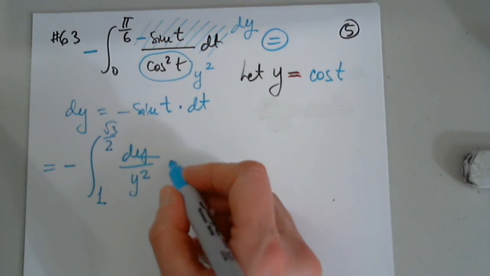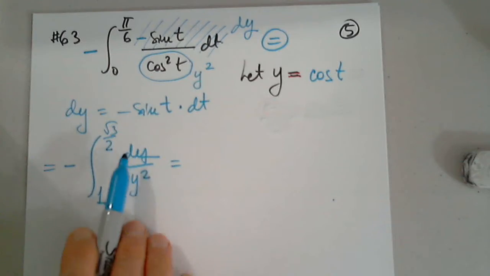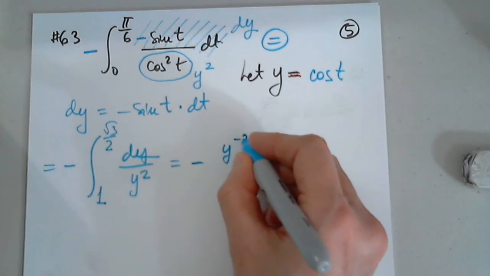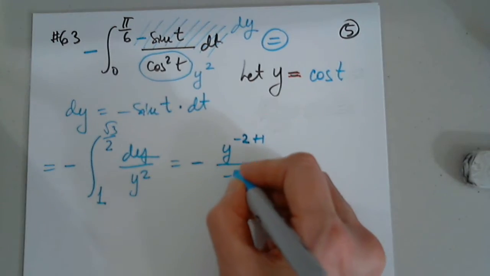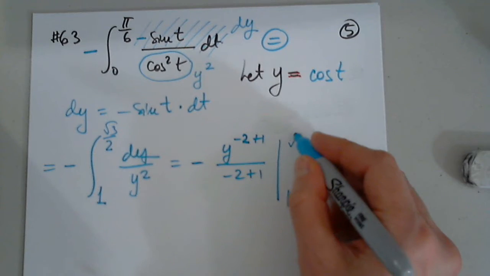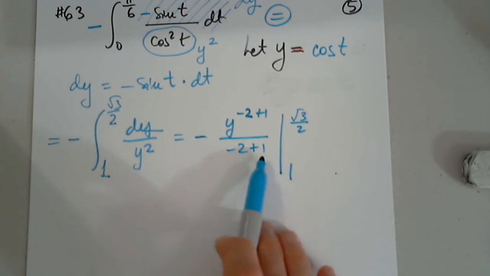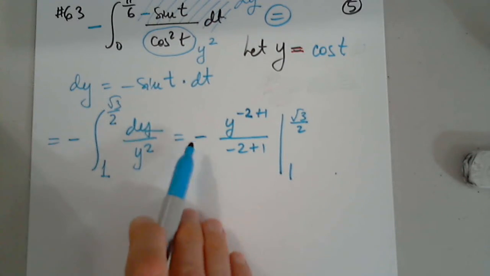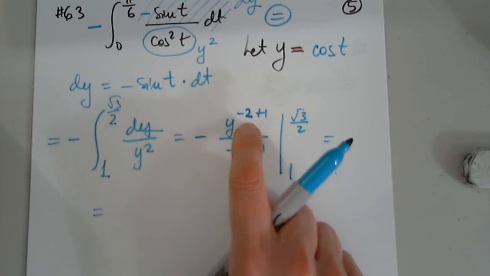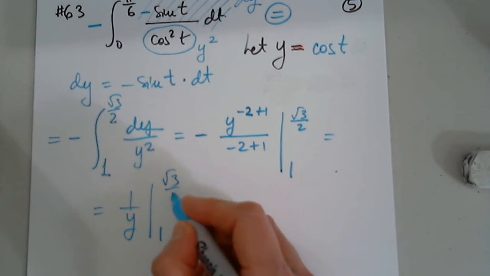Okay, so now we have to identify what function has derivative 1 over y squared. So it will be negative y to negative 2 plus 1 over negative 2 plus 1 from 1 to the square root of 3 over 2. This is -1, which will take care of this. So this is basically 1 over y, from 1 to the square root of 3 over 2.